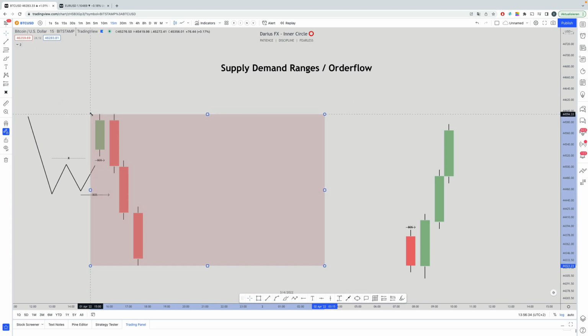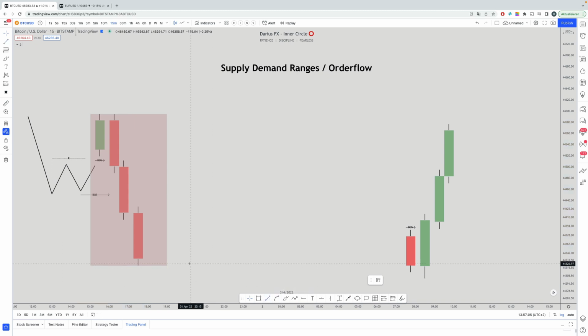Okay, so this whole thing here is a supply range because it broke structure, and in this case, for a valid supply zone, you don't need to see a clean break of structure with a candle close body, so that the body will close with the whole candle above or below the low. No, it's already enough if the price will just wick below it, and you can always accept that price to return to it.